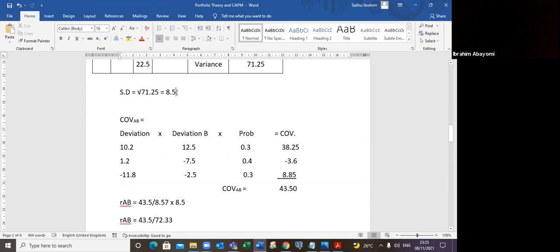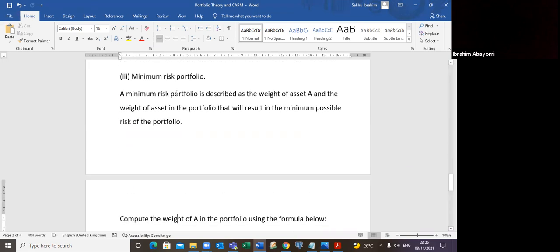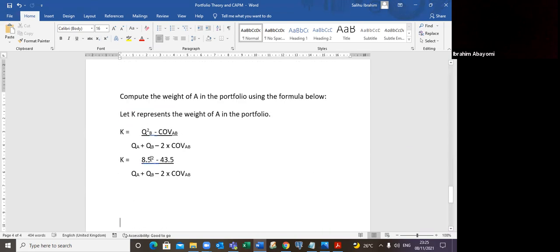If you square root it, you get 8.44. Okay, 8.4. So this should be 8.4 then. Covariance AB is correct? Yes. So standard deviation of A is 8.57. Is that correct?